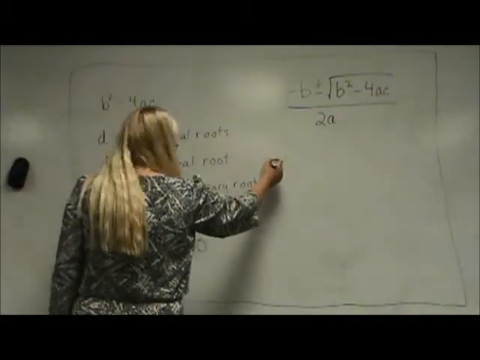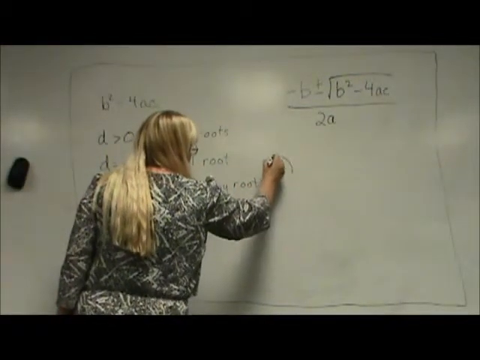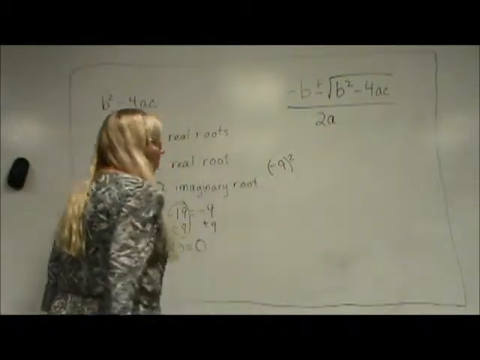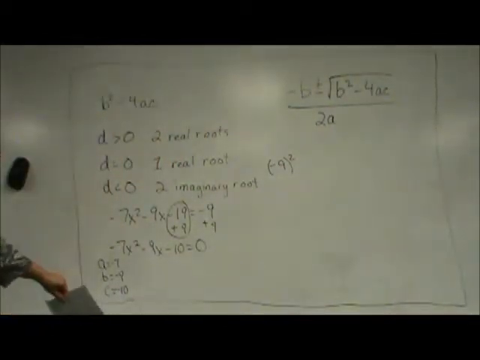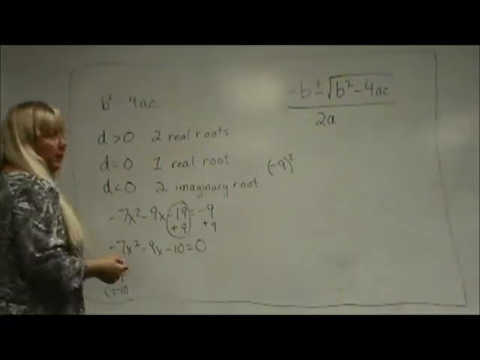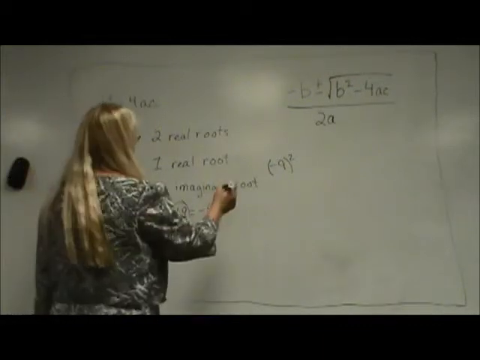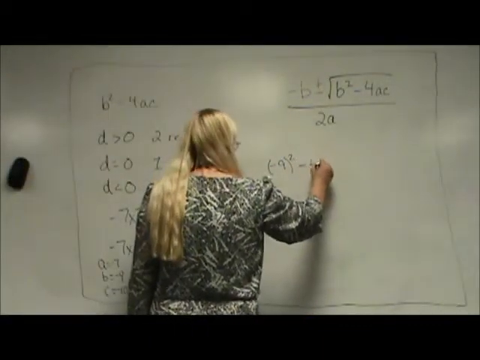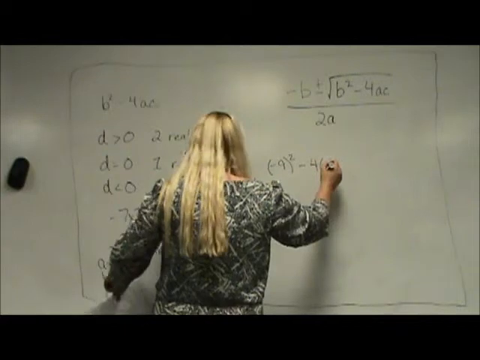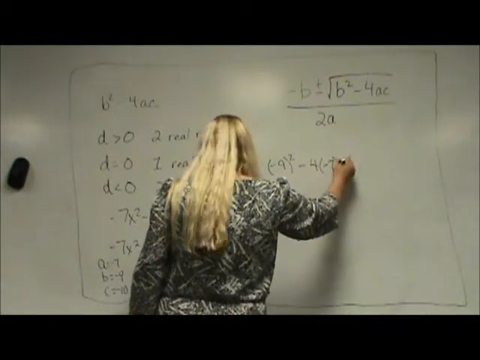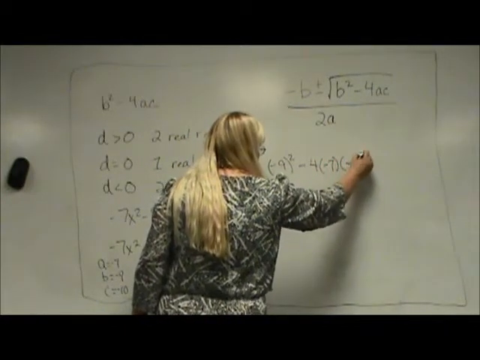So negative 9 squared. Remember that you're squaring the negative 9, not the 9, because b is negative 9, not 9. Negative 4 times a is negative 7, and c is negative 10.